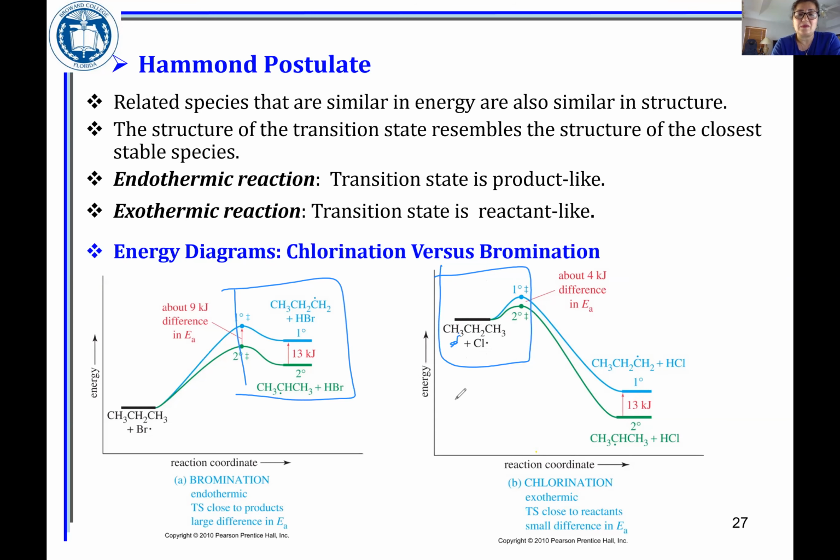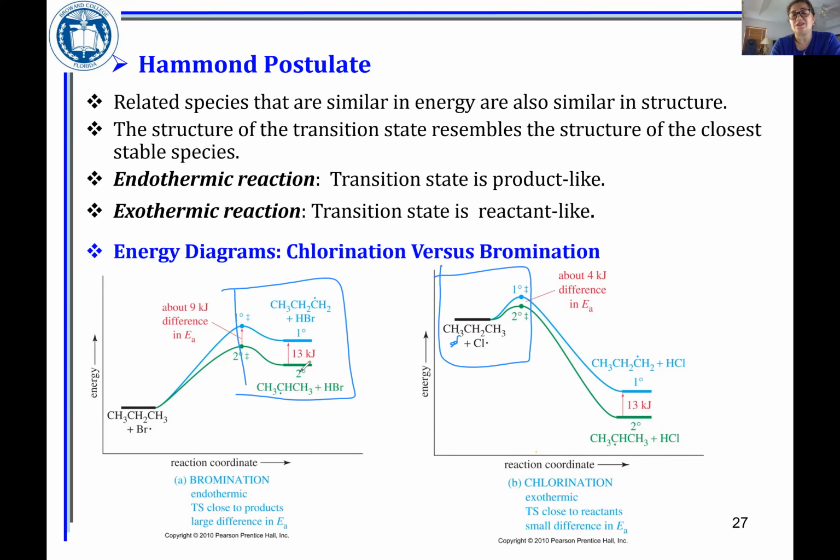This happens because chlorination is more reactive, while bromination is more selective. You actually get more secondary product in bromination compared to chlorination.